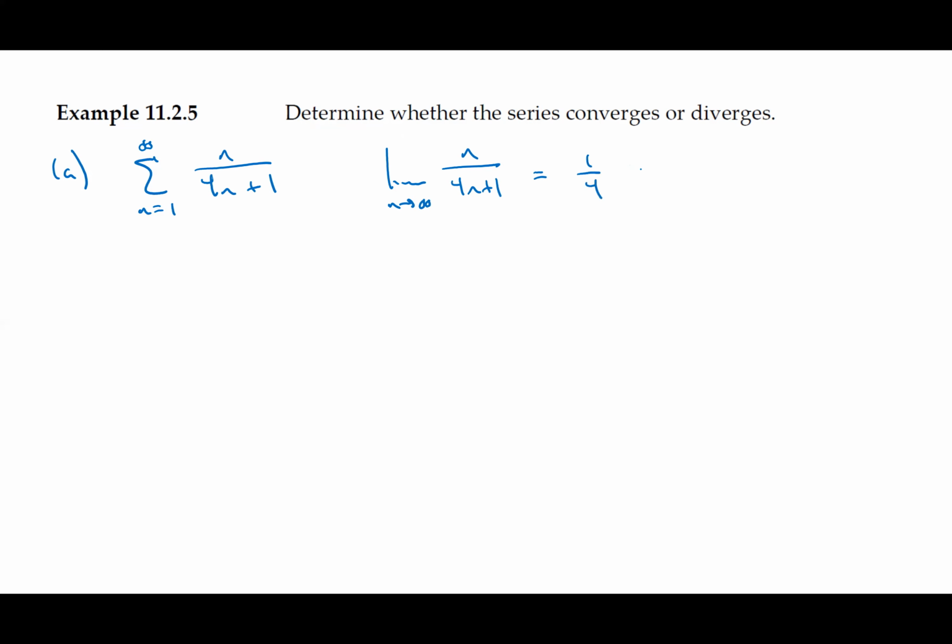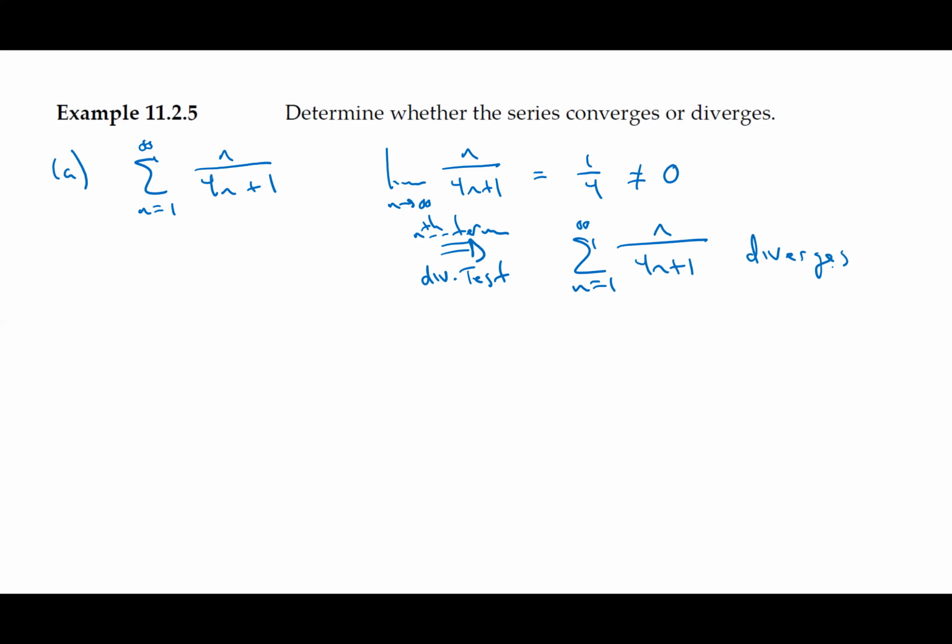What I really care about is that it's not 0. And so this tells me, by the nth term divergence test, if you want to call it that, that the series diverges.